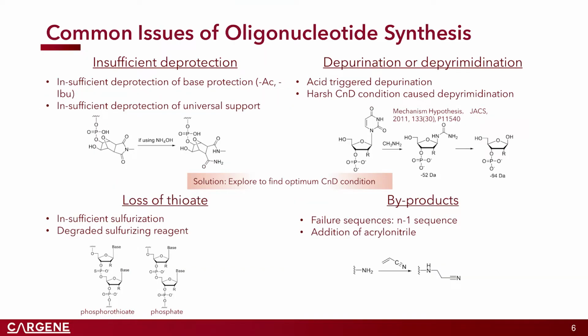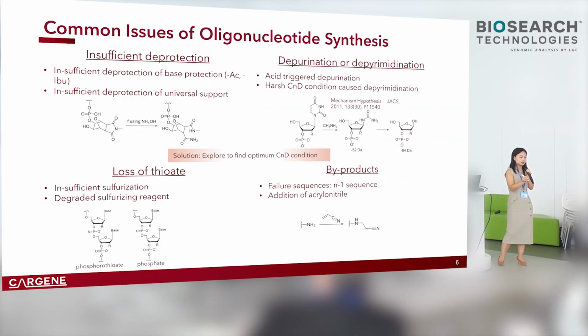So one particular thing here, to solve insufficient deprotection, depurination and all the other issues: one core thing is that we can't use one simple method applied to any kind of sequence. Based on your sequence and the modifications you choose, you have to optimize the methods. It can be in your synthesis, like changing your coupling time. It can be your purification, changing your LC approach.